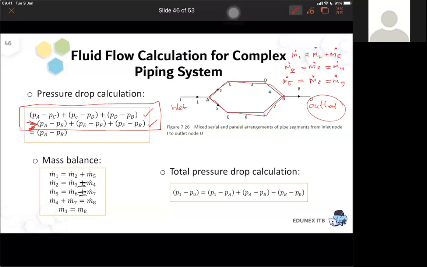Oh, yeah, I understand, sir. So if the pressure drop is higher at the top, the pressure at point B from the top will be lower than the pressure from the bottom. So the flow will be backflow to the top line.